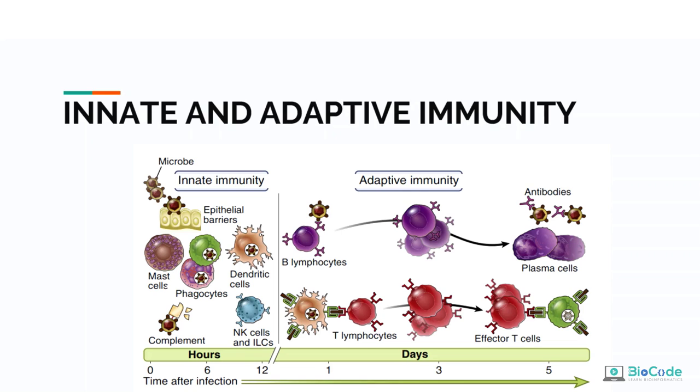While the B lymphocytes are activated and they produce antibodies. These antibodies work against these microbes, and they also generate plasma cells, which produce antibodies, as well as memory cells.